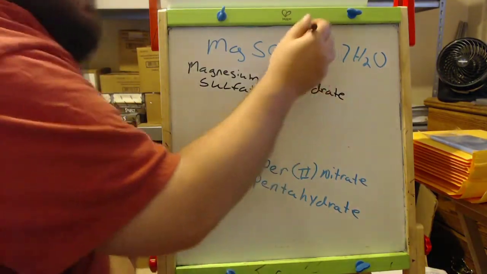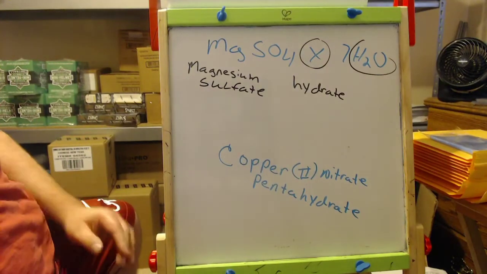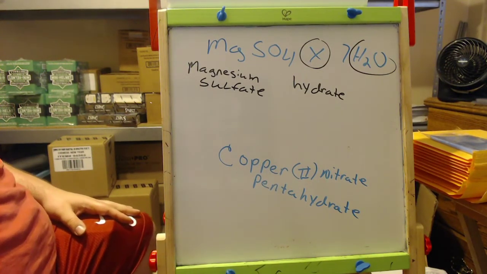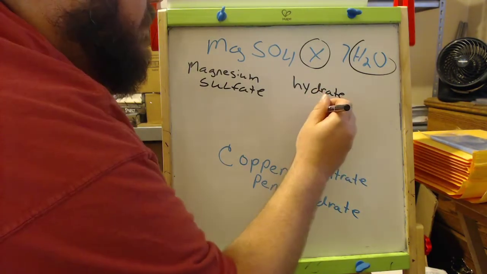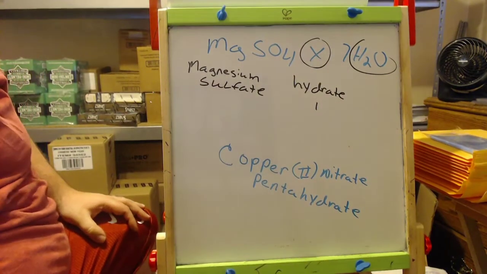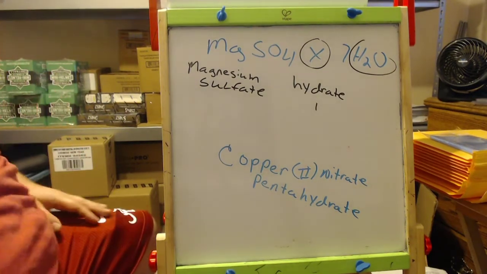So as soon as you see times waters, write the word hydrate. Now, I need to say how many hydrates there are. Here are the numbers. There's a table in the book, page 73, table 2.6.